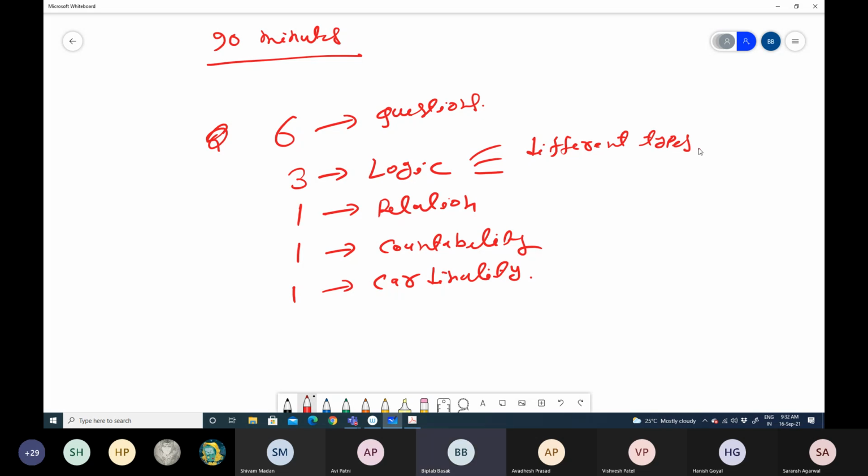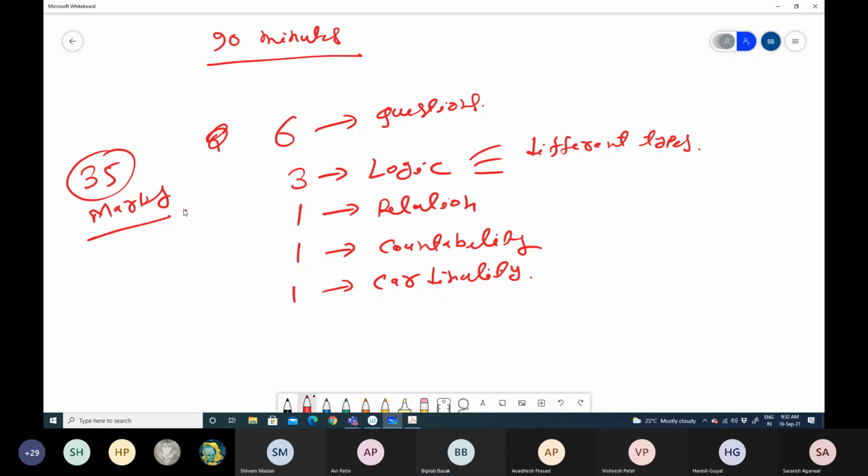This is just a rough plan, and the question paper will be of 35 marks.